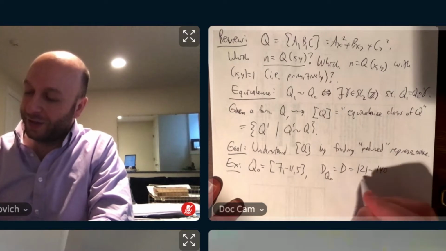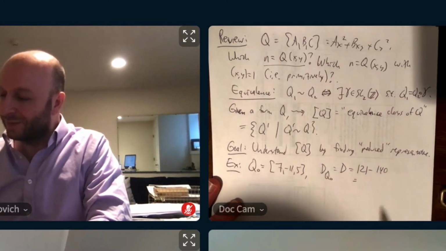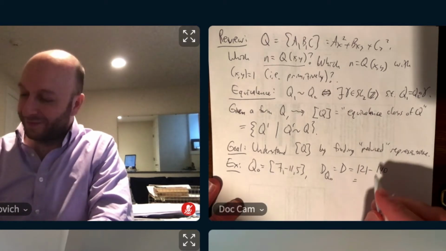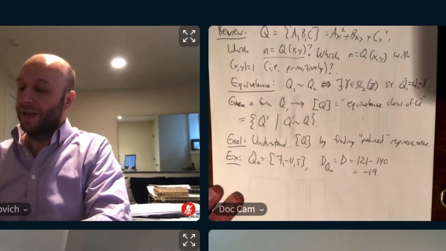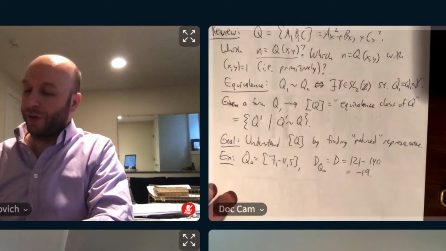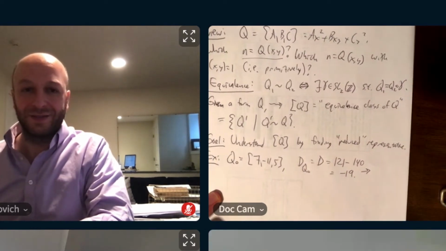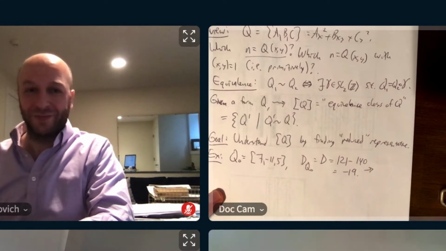The discriminant is negative 19. Okay. So this form is definite or indefinite? Can you guys write in? Great. Thank you, Sriya. Definite.